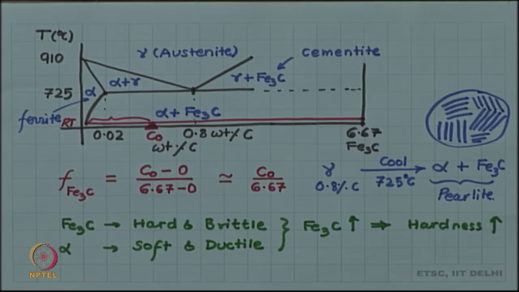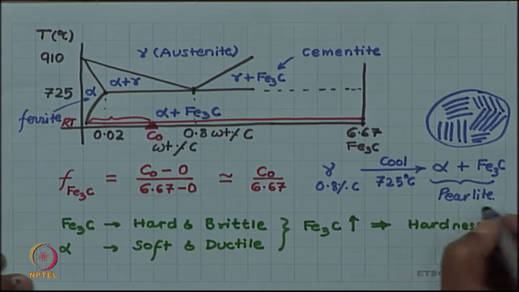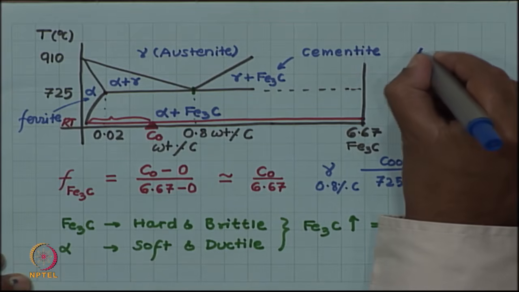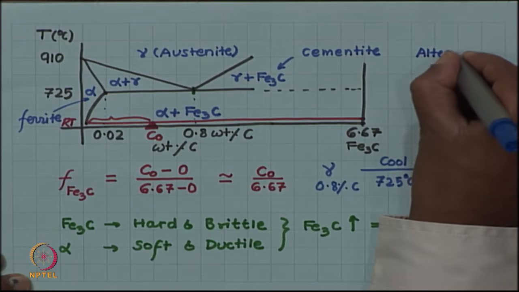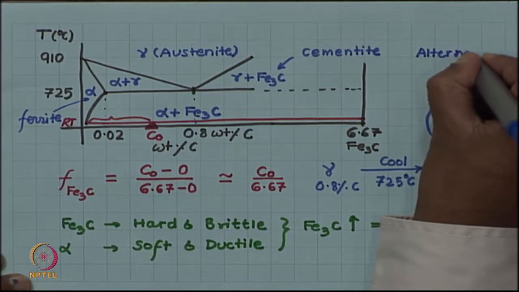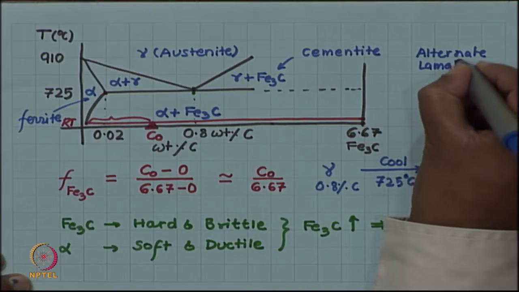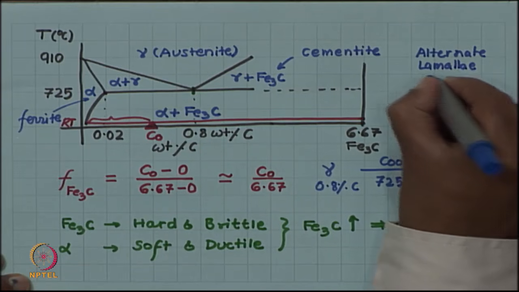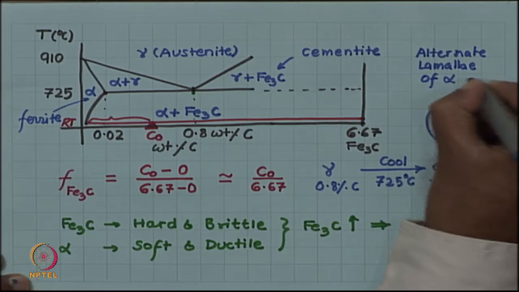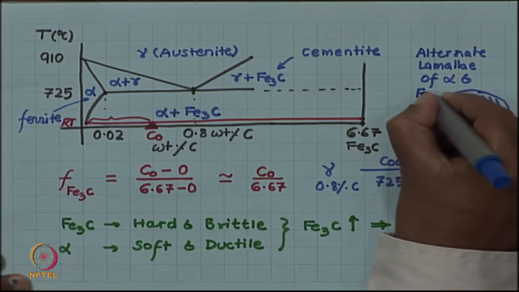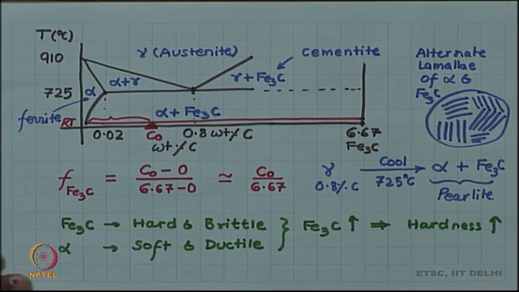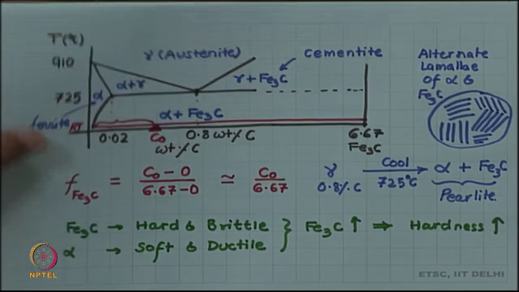So, alternate lamellae of alpha and Fe3C is what is called pearlite.